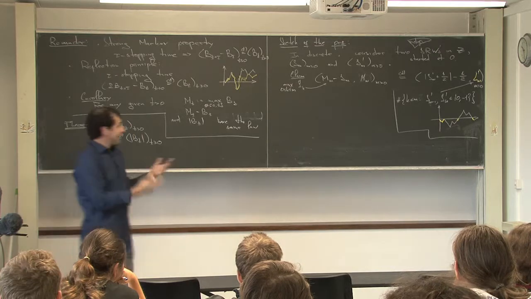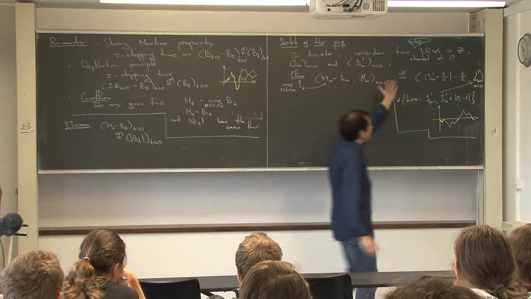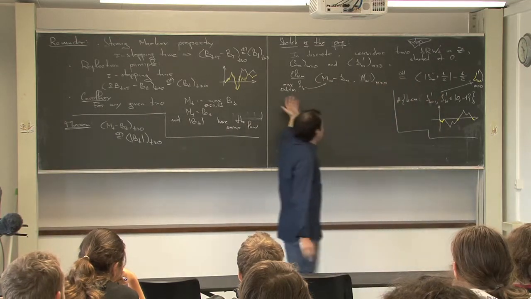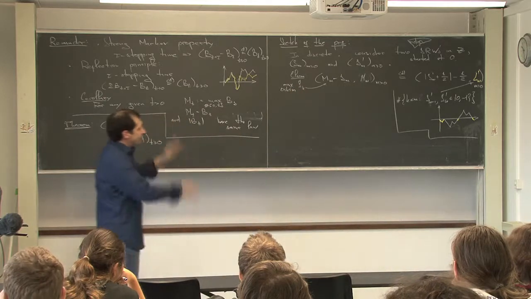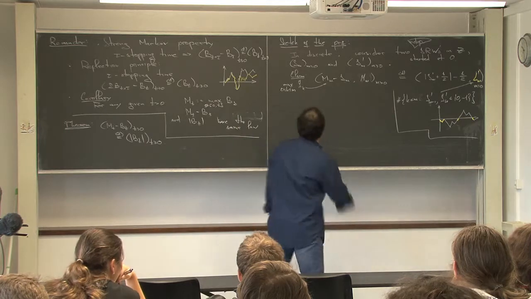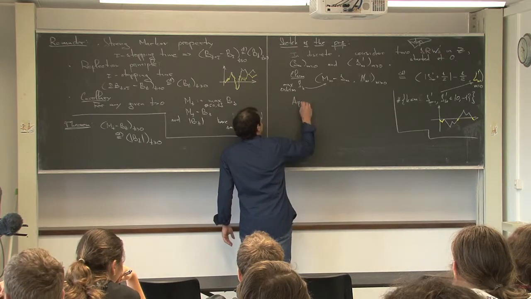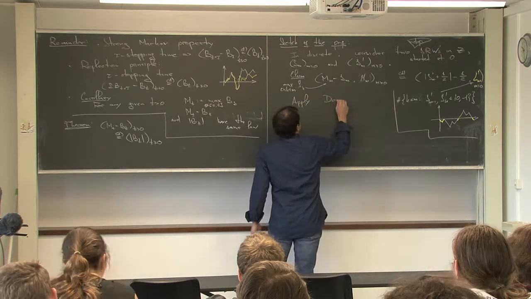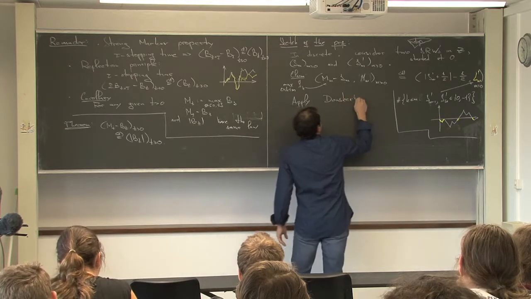So you rescale everything, nothing interesting happens, because you just rescale time and multiply all the processes by some factor in space, and then apply Donsker's theorem.